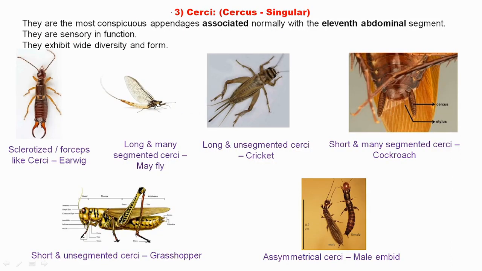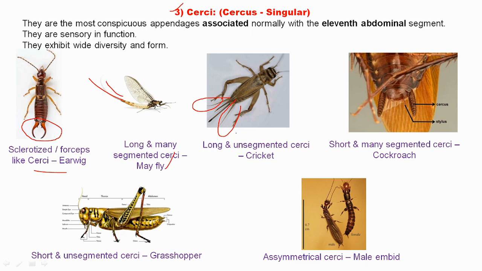Next, cerci. These are the most conspicuous appendages associated with the 11th abdominal segment. These structures are sensory in function and exhibit wide diversity in form. See here, sclerotized or forceps-like cerci are there in earwig. Long and many-segmented cerci are there in mayfly.